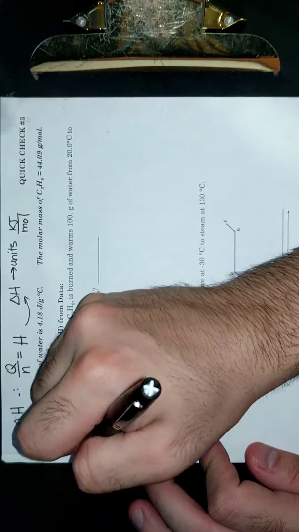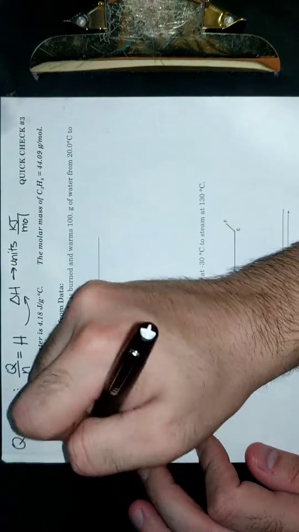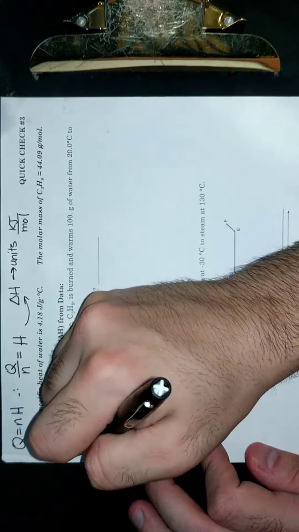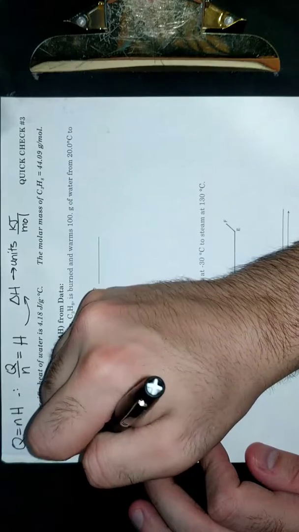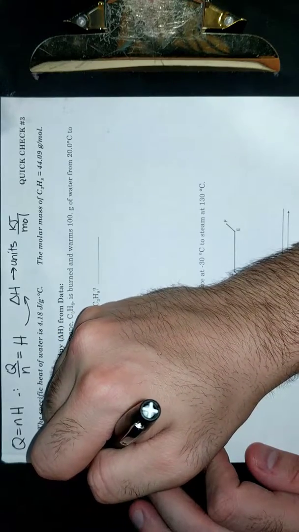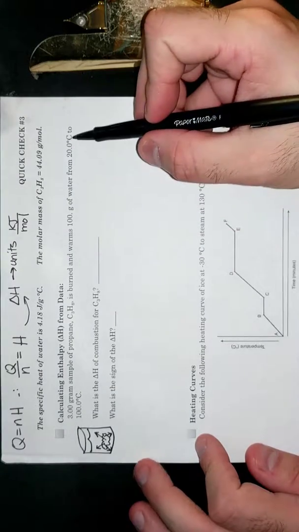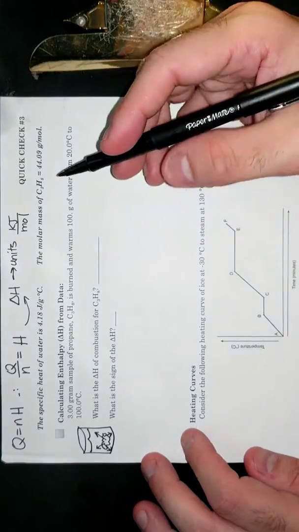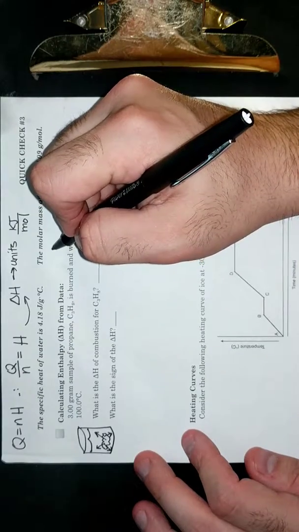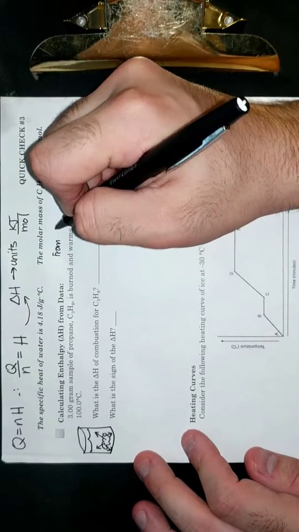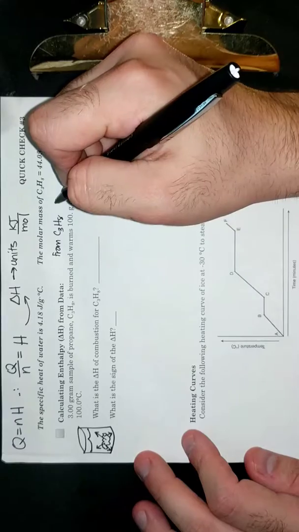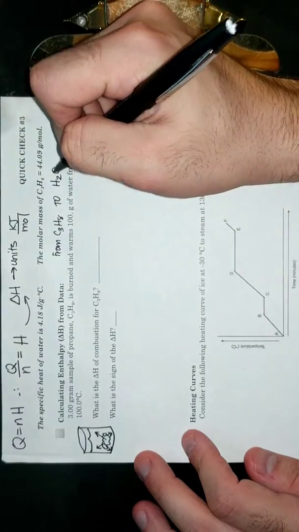I put this propane in water, and it warms up, giving energy to the water, and the water changes in temperature from 20 to 100 degrees Celsius. So energy is being transferred from the propane to the water.